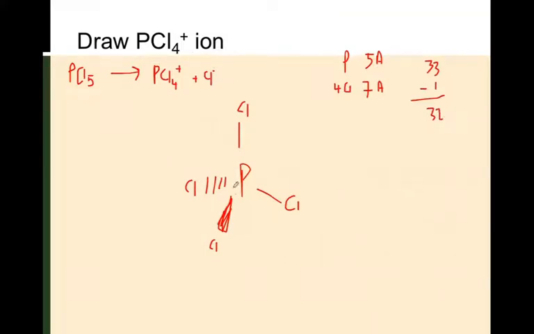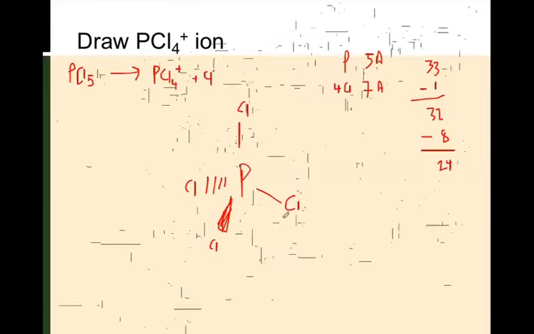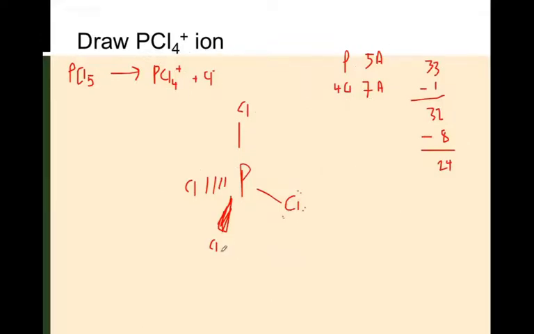We then form the phosphorus in the middle with 4 bonds around it, so that's minus 8, leaving 24 electrons, which go on the chlorines, 6 on each. 4 times 6 is again conveniently 24.